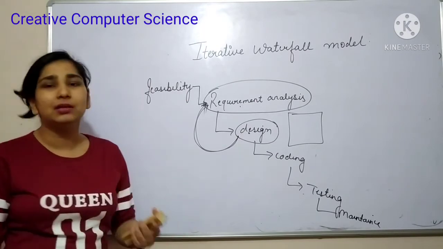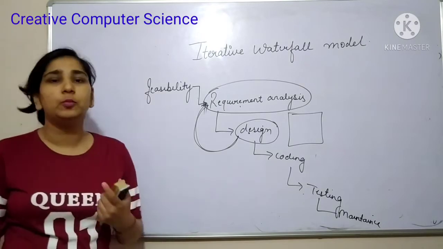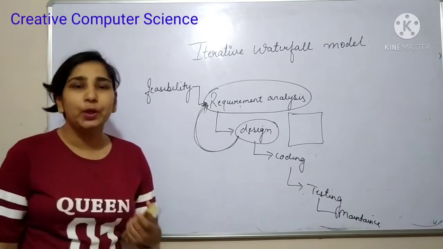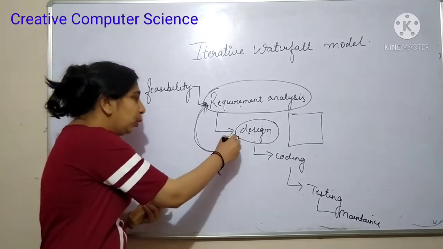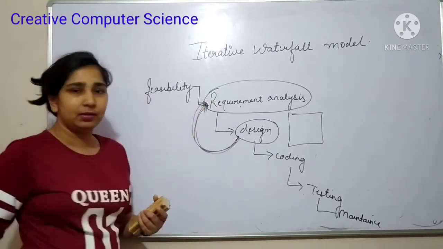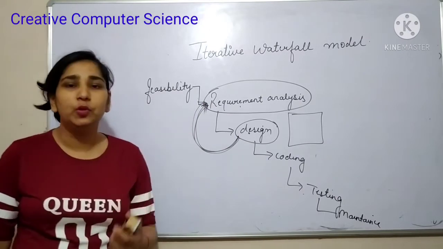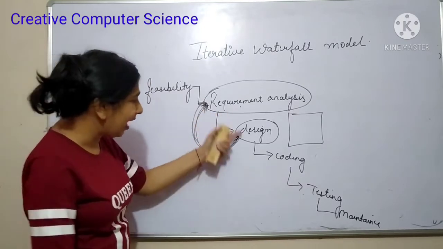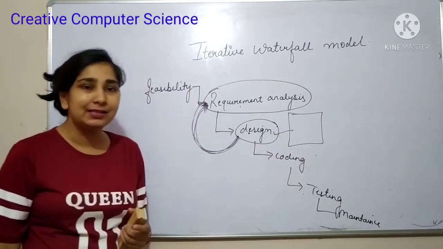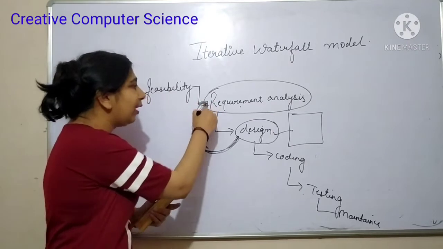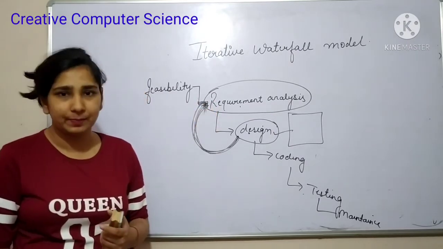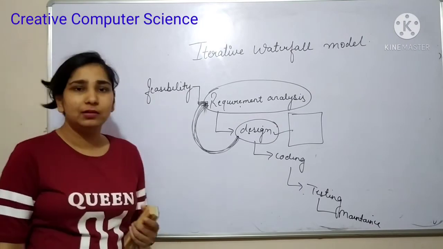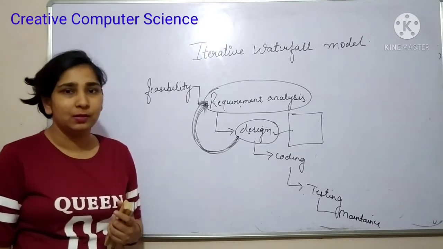So that was the classical waterfall model. In the classical waterfall model, we had a problem in moving back. We cannot move back to the previous phase. Once you have reached the designing phase, you cannot move back to the requirement phase. That was the biggest shortcoming of the classical waterfall model.